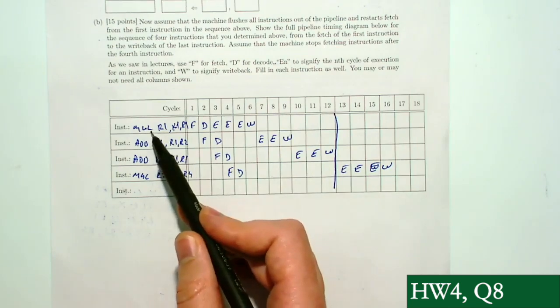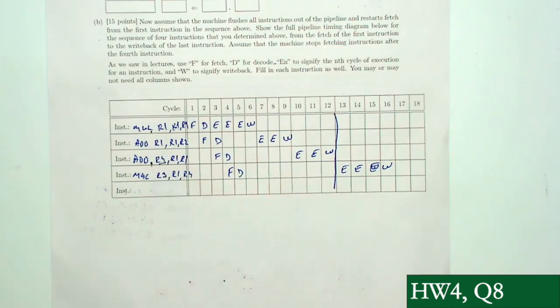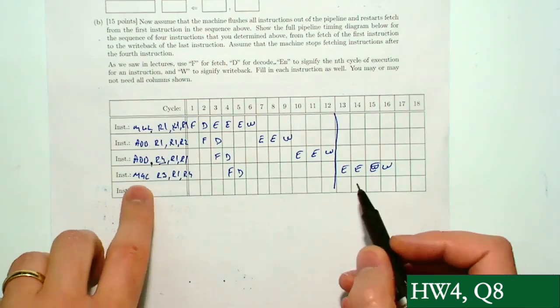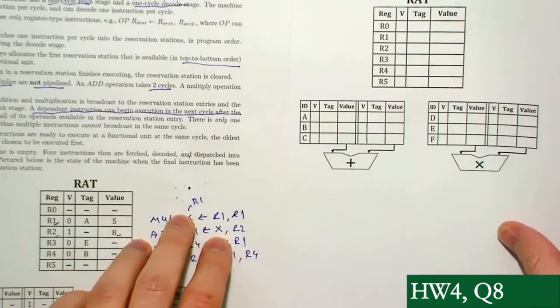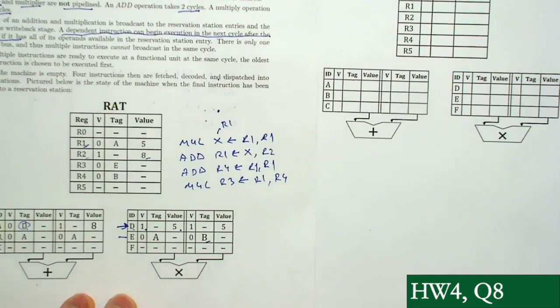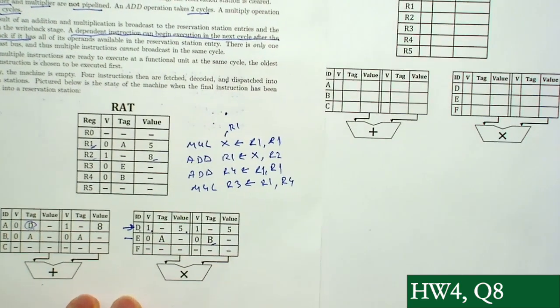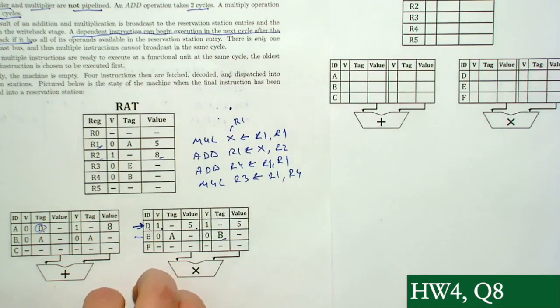This instruction completes, and this instruction also completes. So in the reservation station entries, we should only have this fourth instruction, right? Other entries should have been cleared. Let me see if I can put this side by side. Almost. Okay. I hope you can see it. Okay, at least you can see the first part.